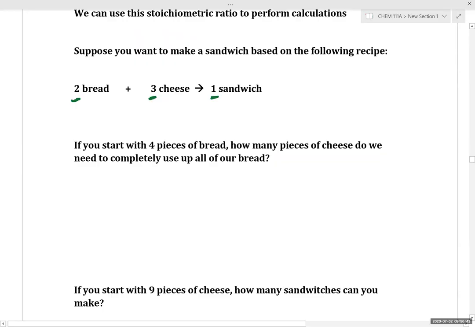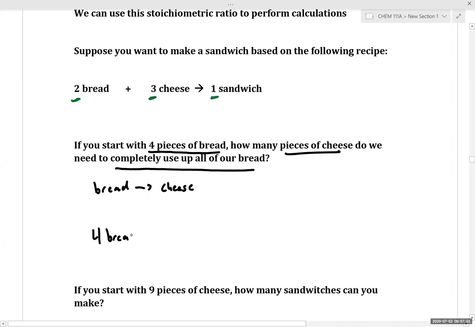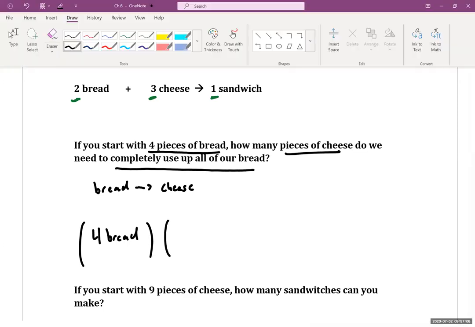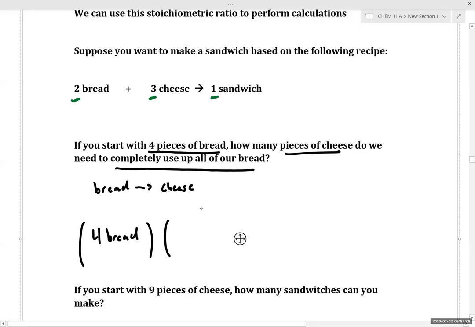So let's suppose we have the same recipe and we start with 4 pieces of bread. How many pieces of cheese do we need to completely use up our bread? So we're going from bread to cheese as our unit conversion map. Okay, so if I start with 4 pieces of bread, let's try to read off a ratio.